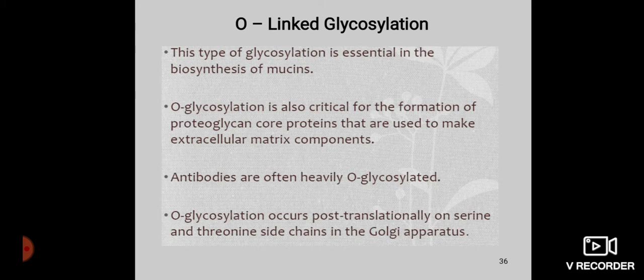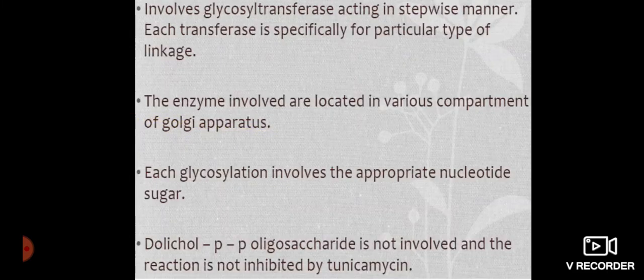addition of the saccharide units or the sugar units will happen one by one, and it involves glycosyl transferases which are going to work in a stepwise manner, and they are going to be highly specific, not only in the addition of a particular type of glycosyl moiety, but also in the type of specific sugars, as well as the substrates which they are going to use for the transfer.